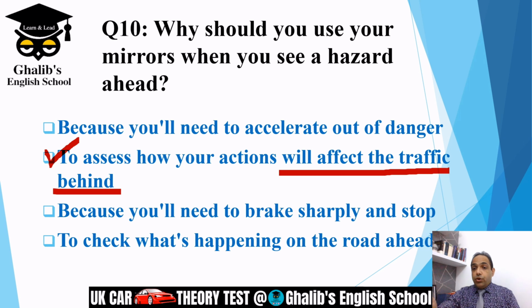Question number 11. You are waiting to turn right at the end of the road. What should you do if your view is obstructed by parked vehicles? Let's say you end up at a junction and you want to turn right. There are some vehicles parked on the right in front of the houses. On the other side, you cannot see clearly. So what are you going to do? Stop and then move forward slowly and carefully for a clear view.